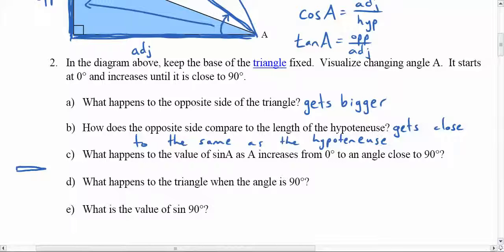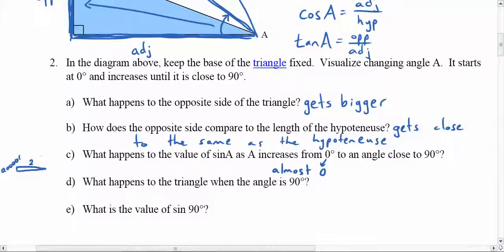Really, really small. So when you have a really small triangle, then the sine of that is going to be almost 0, because it's a really small number, like 0.0001 over 2. That's going to be really close to 0, just as an example. I'm making a really small triangle. Sine is going to be pretty much 0.